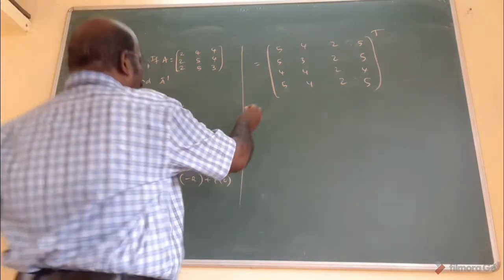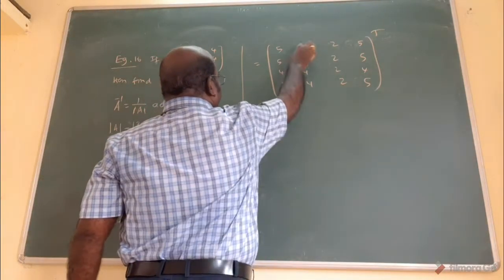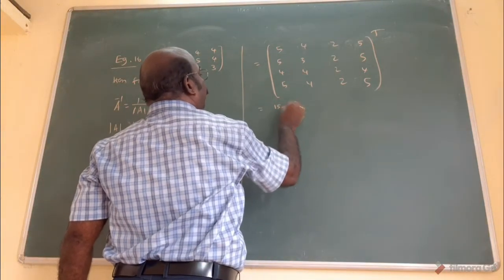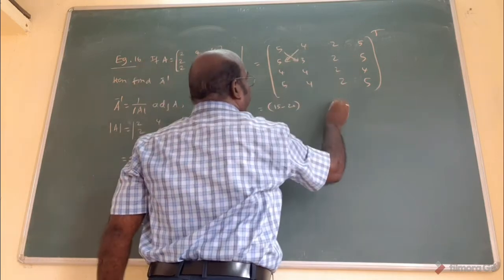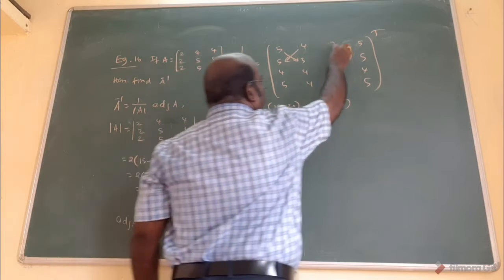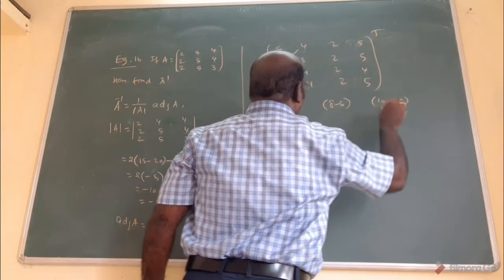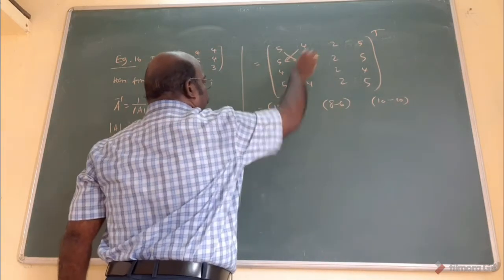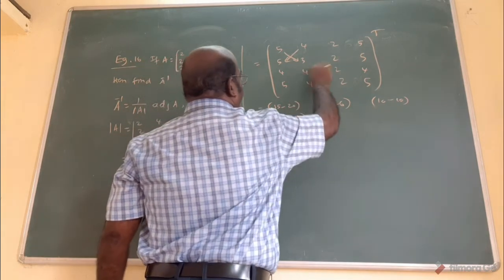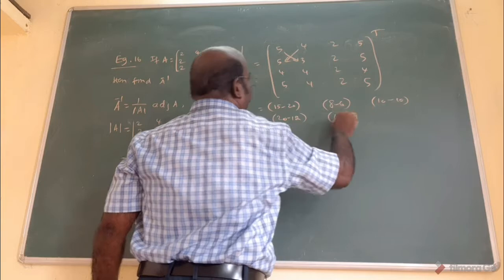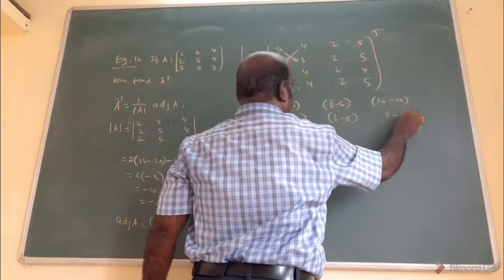Now, as I told you, cross multiply: 50 minus 20, first element over. Similarly, 4 eights are 8 minus 6, over. Next, 10 minus 10, over. Am I right? Next, 5 fours are 20 minus 12, over. Next, 6 minus 8. Next, 8 minus 8.